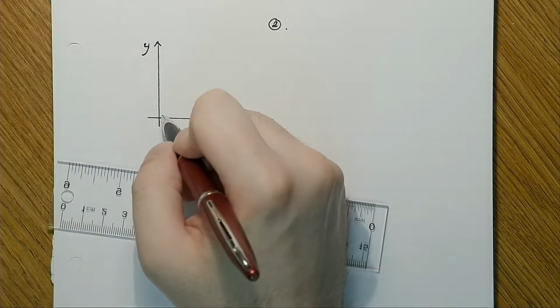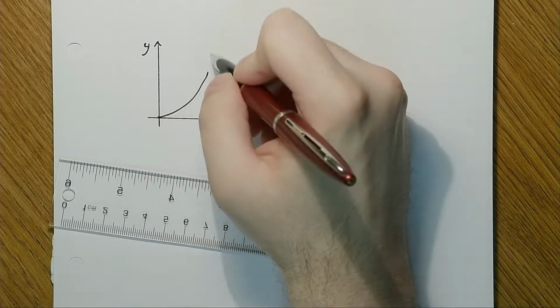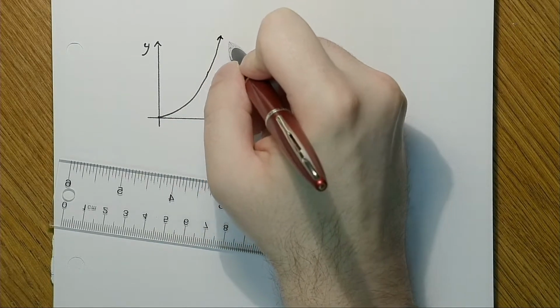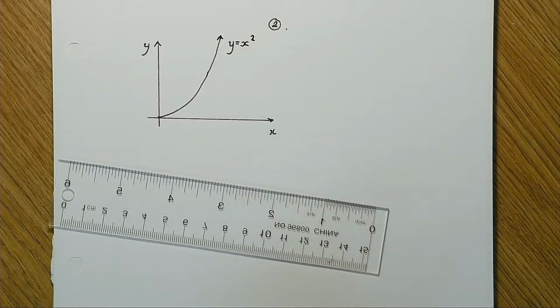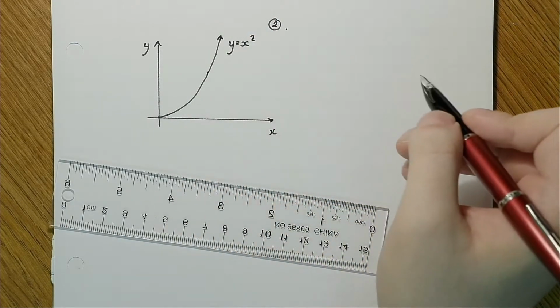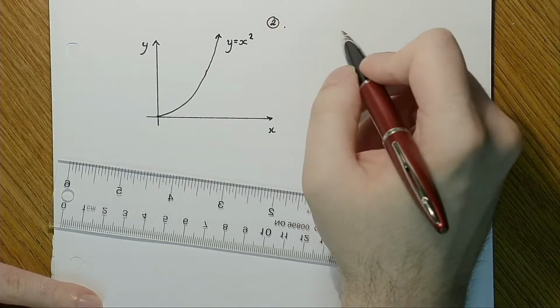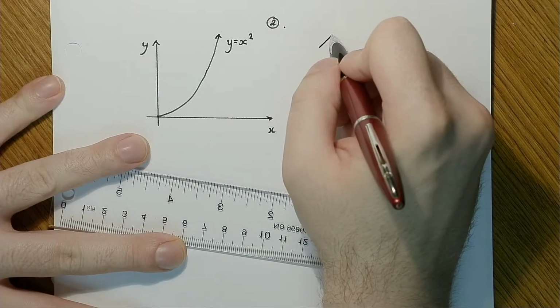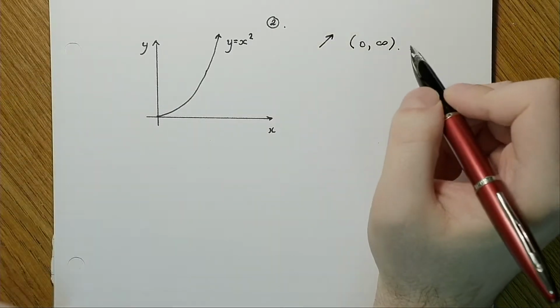We'll start off with the parabola. Here's a sketch. And I'm drawing it on the interval from 0 to infinity, because I've got arrows on it. So we already know that it's increasing on that interval from 0 to infinity.